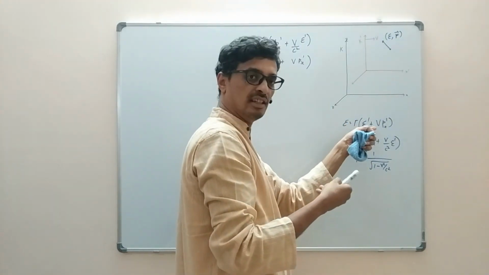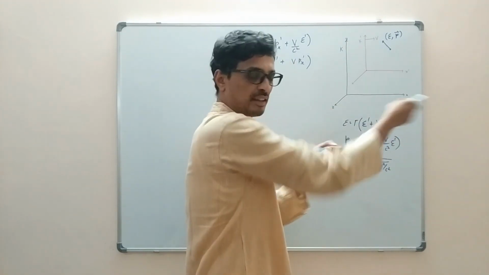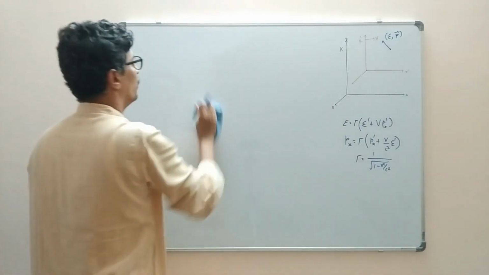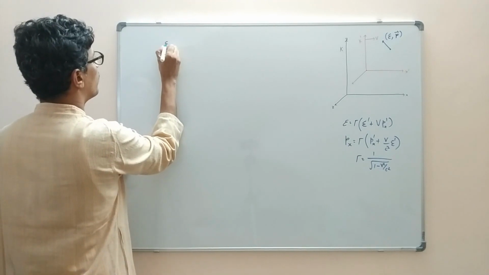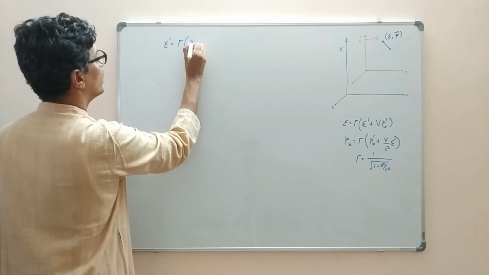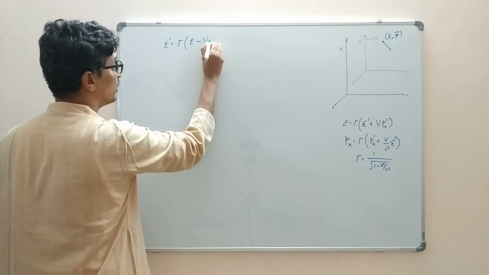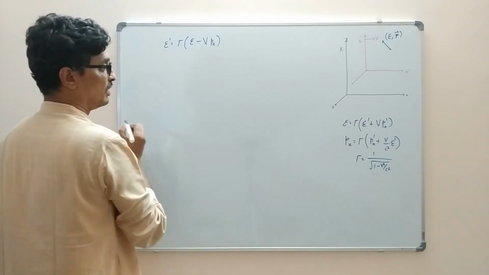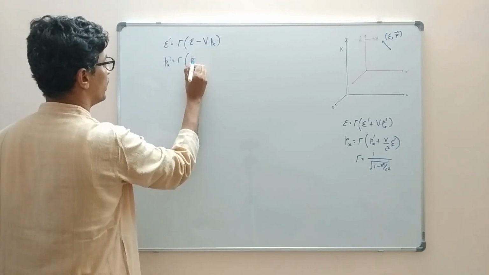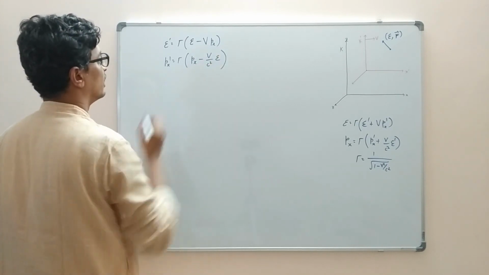So just change the sign of the V. That gives you how the E prime is going to be related to E. So E prime is going to be gamma times E. Now the velocity is reversed, so it's going to be minus V Px, and your Px prime will be equal to gamma times Px minus V by C square of E.